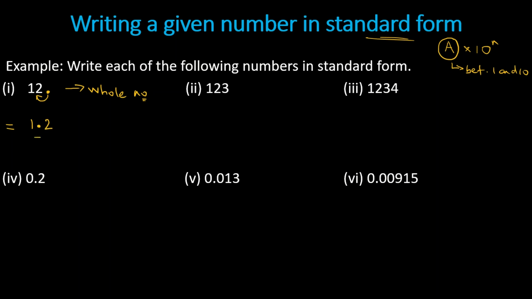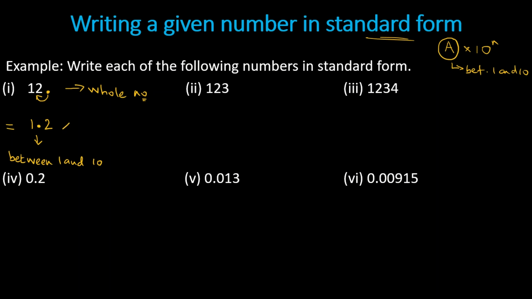Now, 1.2, is it between 1 and 10? Of course, it is between 1 and 10. When we reach a number between 1 and 10, we don't continue to move the decimal. We keep the decimal as it is. So we remain with 1.2.